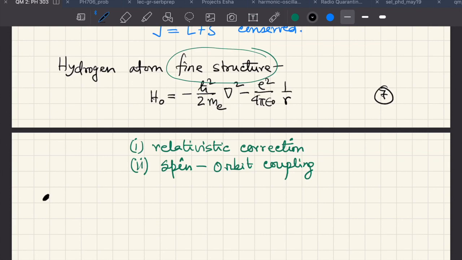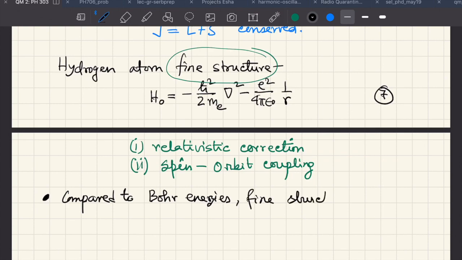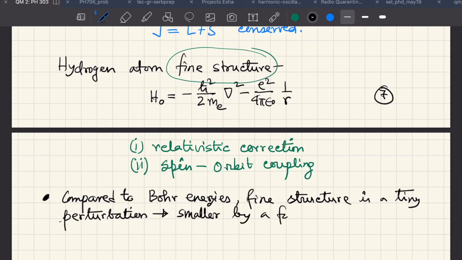Just for the sake of our discussion, let me write these names here. So first thing that I said is that compared to Bohr energies, fine structure is a very tiny contribution or perturbation, and it is smaller by a factor of alpha square.